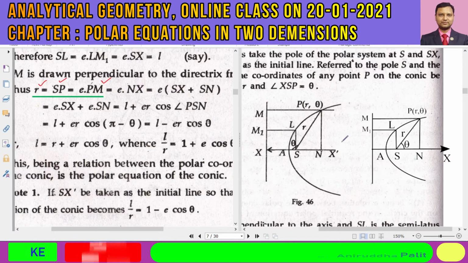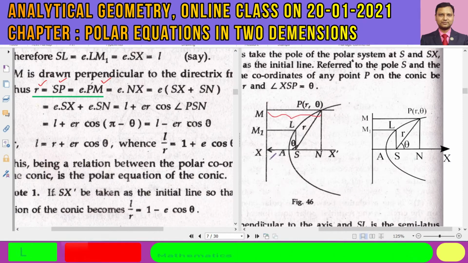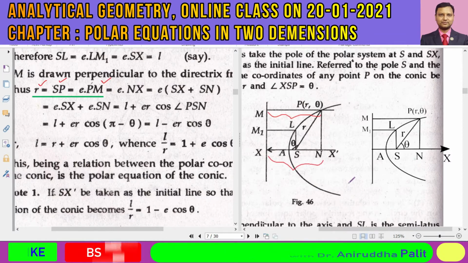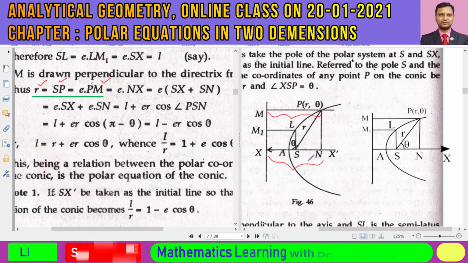And what is PM? Over here you see, starting from P to N, M, this much distance PM would be equal to this much distance. Okay, and therefore we can say that this PM must be equal to nx.